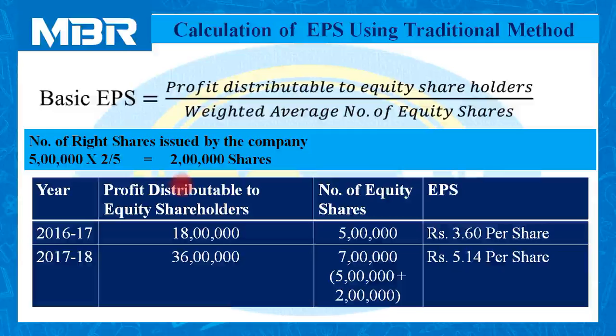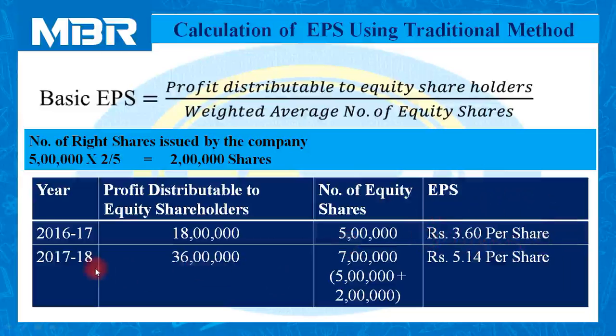So for the year 2016-17, there is no issue of right shares, and the number of equity shares remains the same, 5 lakhs. So 18 lakhs rupees profit divided by 5 lakhs shares is equal to earning per share of rupees 3.6.